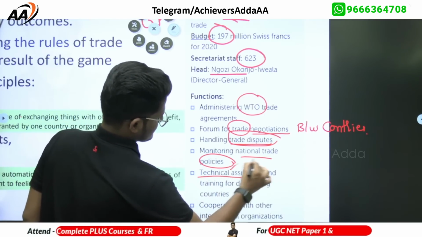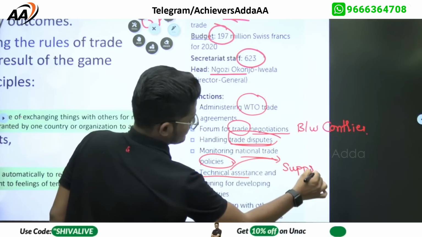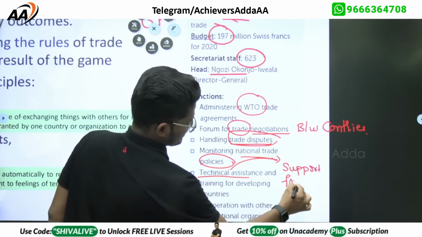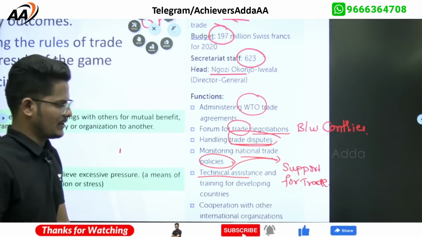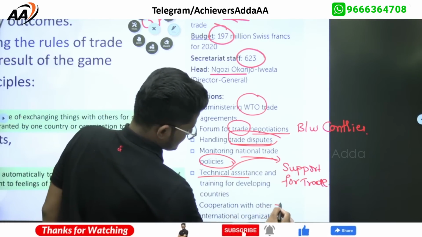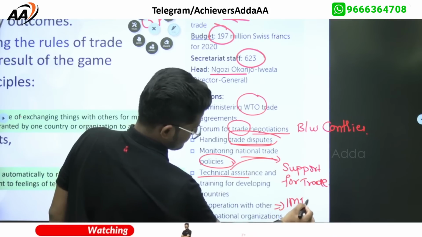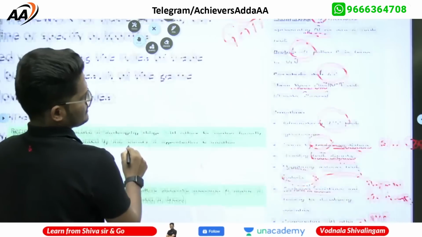Technical assistance means support for the execution and implementation of trade, like getting permissions, approvals, all those. Cooperation with other international organizations. Other international organizations like the IMF are the best example.